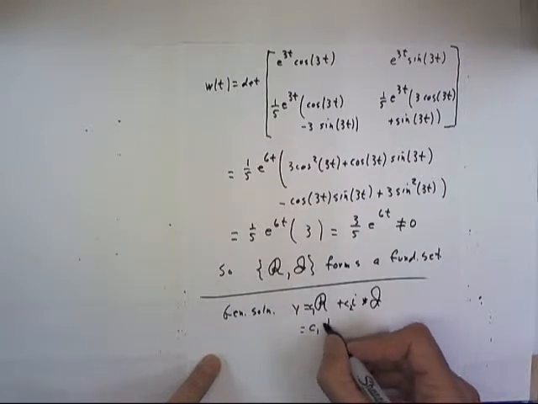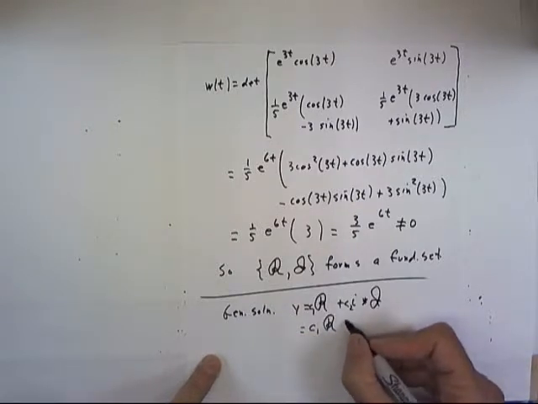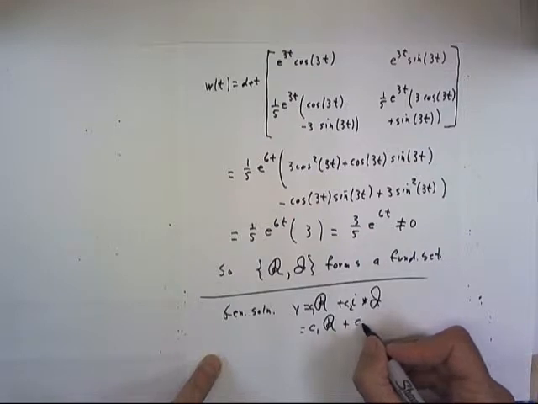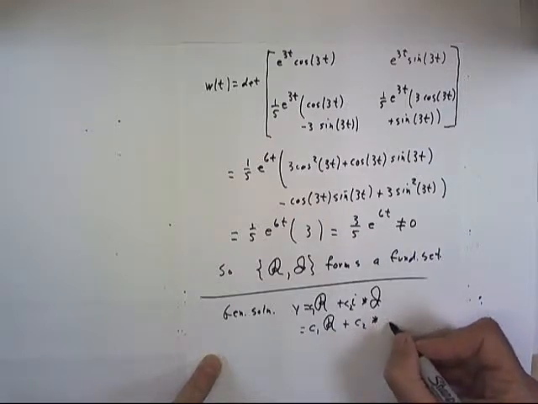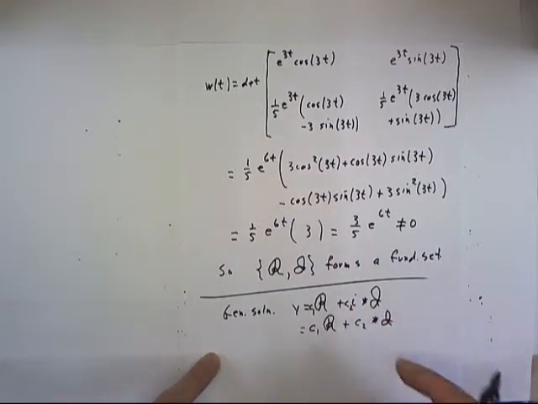C1 times R plus C2 times I, and we don't need the imaginary number i there.